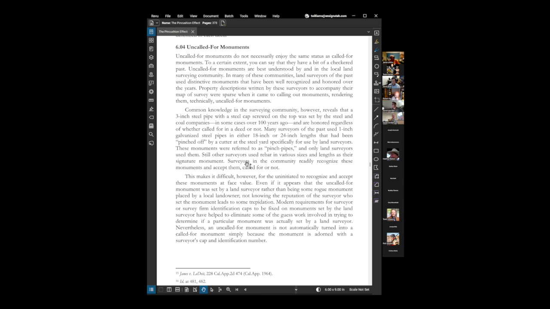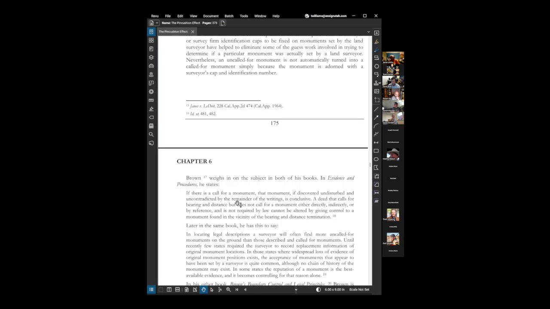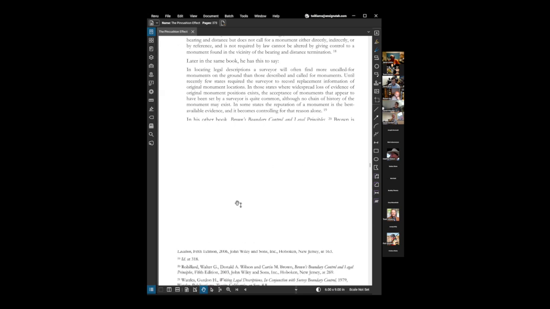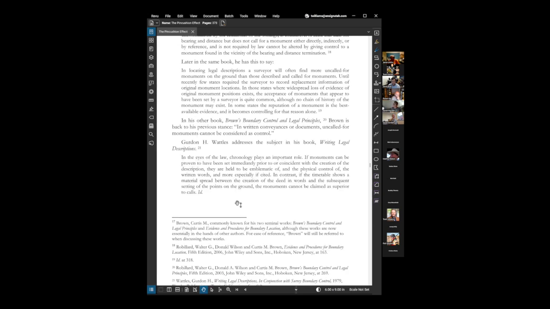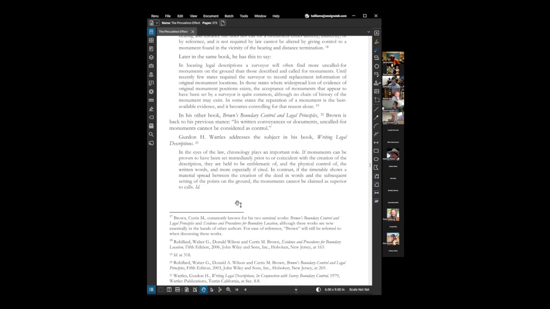It will still be held to be useful against the local landowners who have used it. But if you get outside of that location where landowners have not made use of that monument, then it holds no weight.